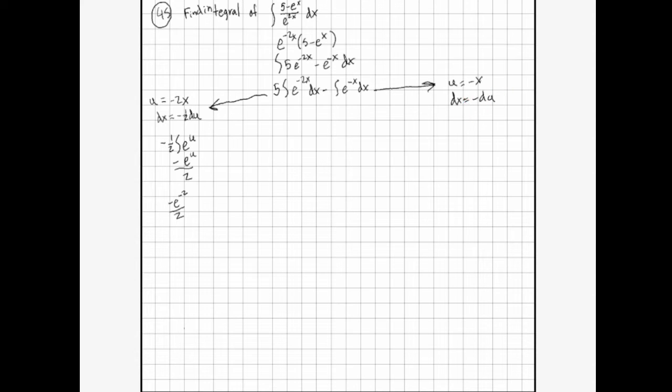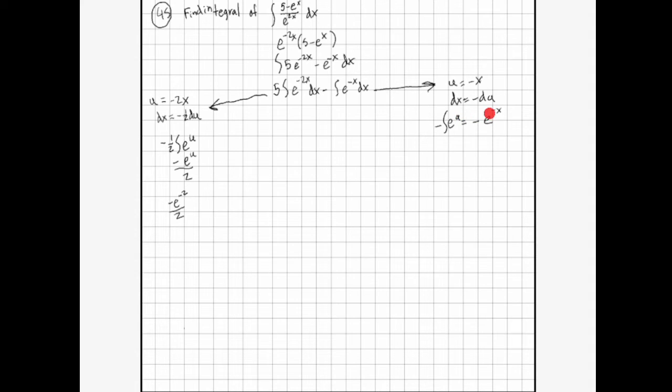And then I plug this into this equation where it's e to the power u, then I plug in negative x for u, so then it's negative e to the power of negative x, because the integral of e to the power u is just e to the power of u.